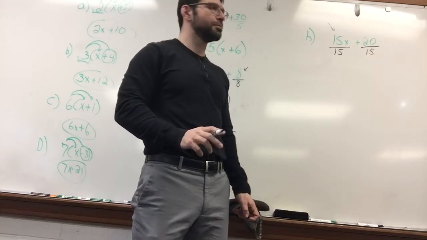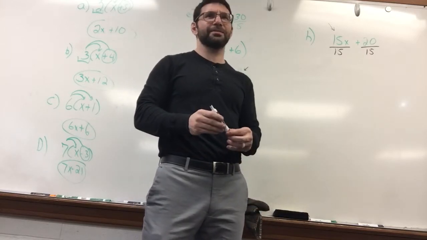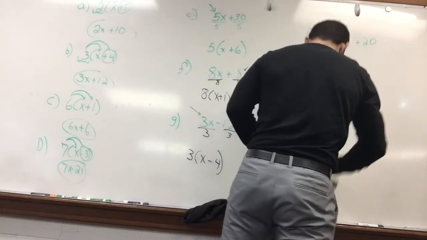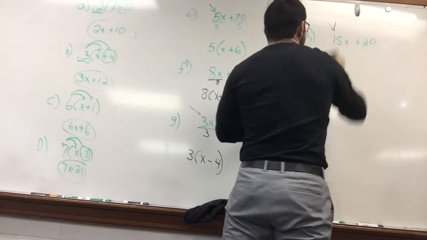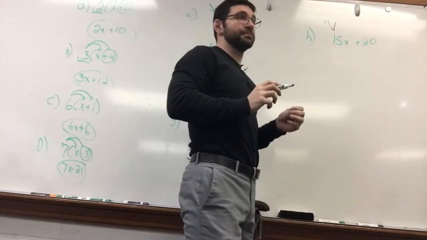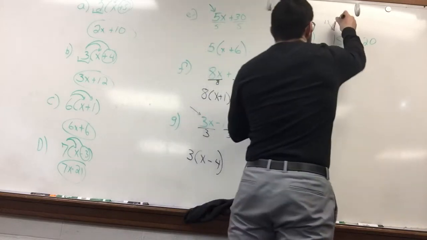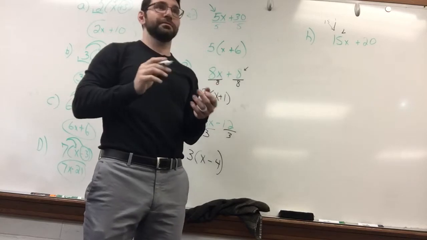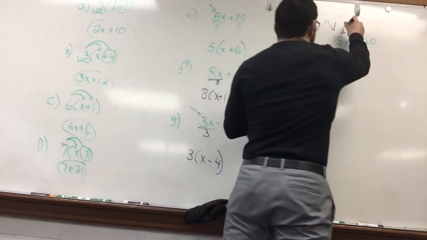No. Uh-oh. So is that my greatest common factor? No. So now I have to go back to the drawing board. And this is where knowing factors is important. 15 times what gives me 15? 1. What other factors do I have for 15? 5. And? 5 times 3.